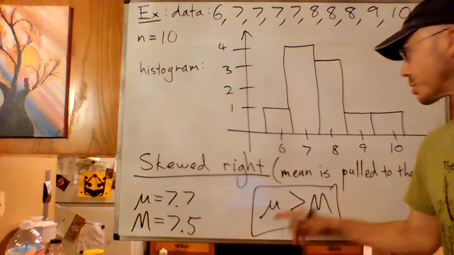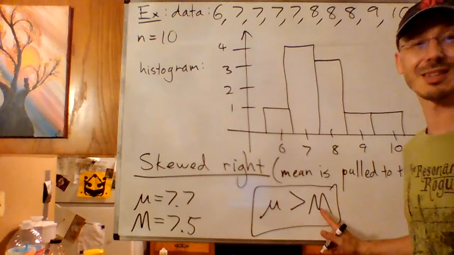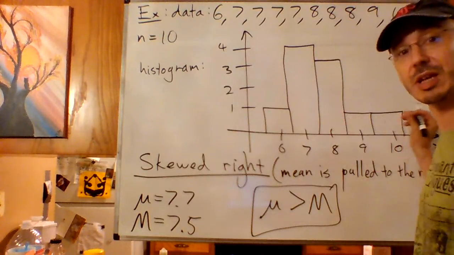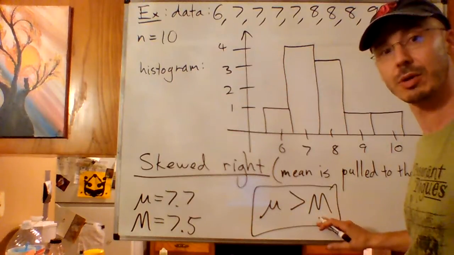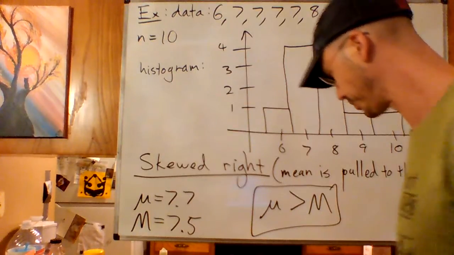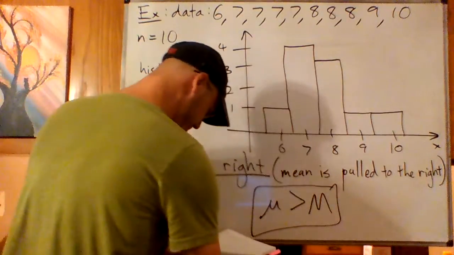The mean is larger because it's pulled to the right. The median is not as sensitive to those large data values that are pulling the mean to the right. The median is more stable. Resistant is another name for that.